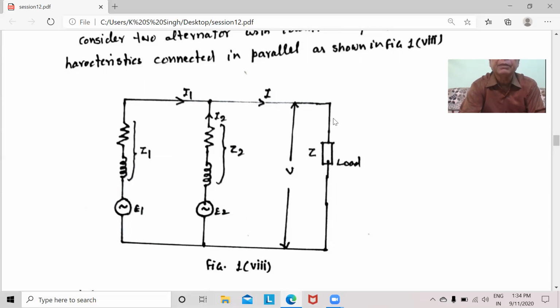But if you see from the external terminals, both E1 and E2 are in the same direction, that is, the upward direction.